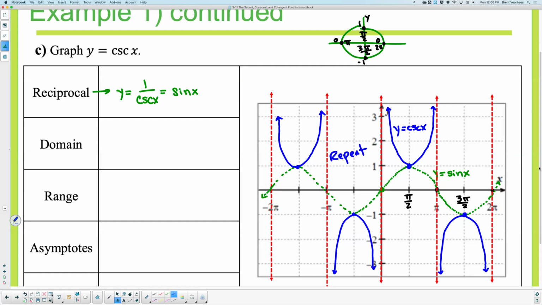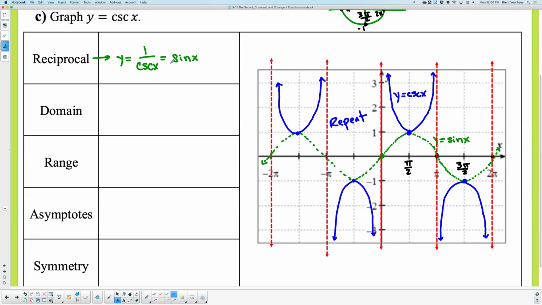Okay, let's fill this in. Is the domain for cosecant all reals? No, we had breaks. Where did the breaks occur? I'm going to say where x does not equal. Where is that first asymptote located? 0. So x does not equal, let me do it in red since I did it in red over here. X does not equal 0.